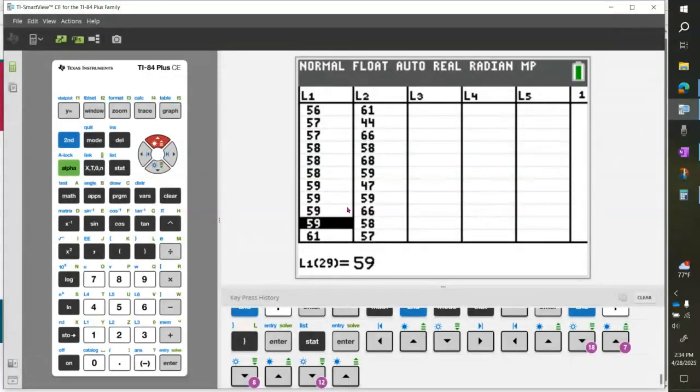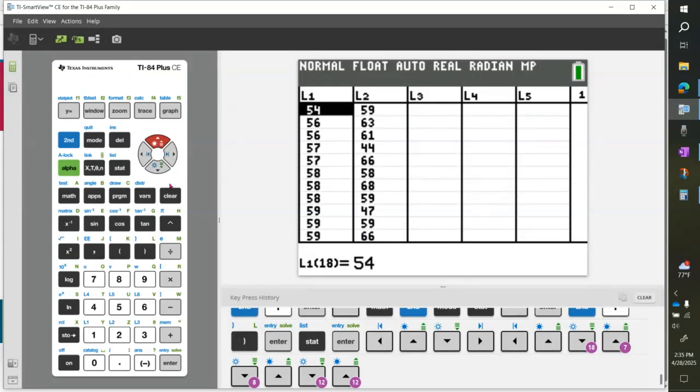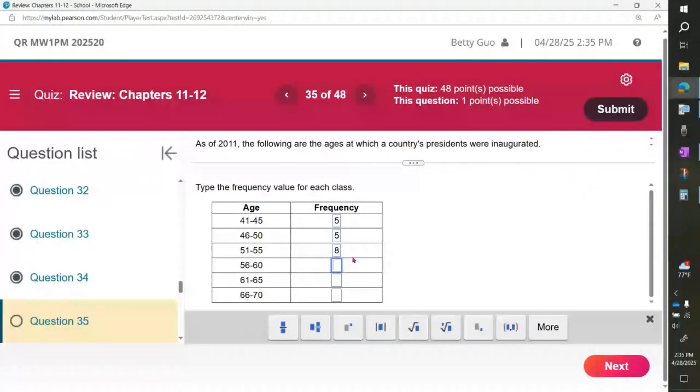Just 11, okay? 1, 2, 3, 4, 5, 6, 7, 8, 9, 10. Yeah, this is 11. It's 11 of them.